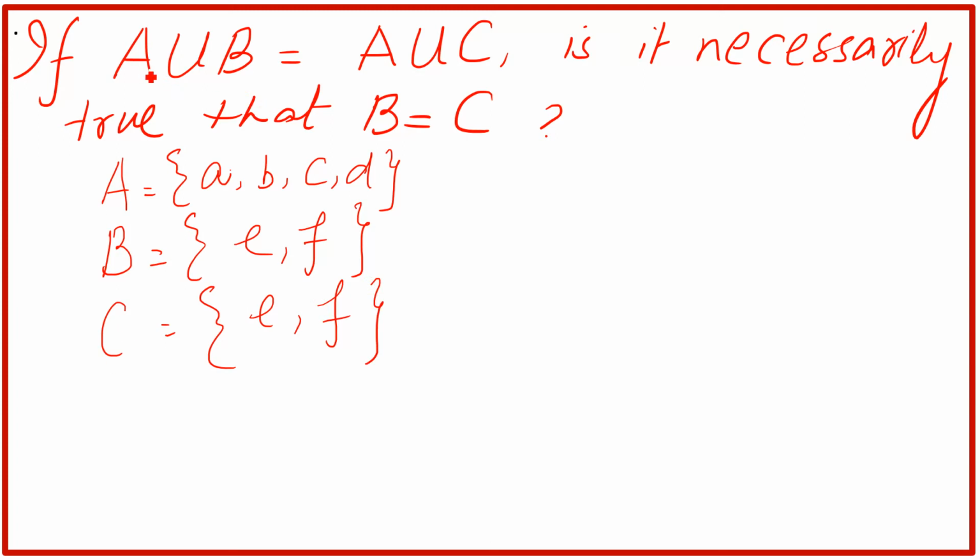Right, first we have to find out A union B. A union B means we have to write down all the members, whether they are common or not.